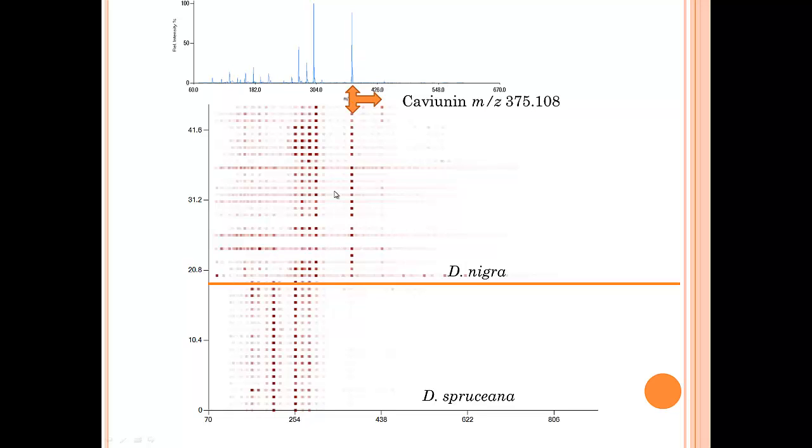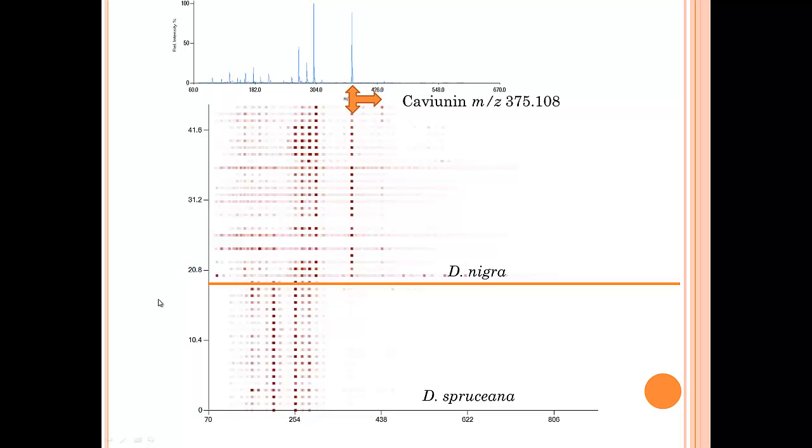Each column represents a particular compound. And so if the compound is found at a high intensity, then the compound is seen here at a darker scale. If the compound is found at a low intensity, then you can see that at a lower coloration scale.